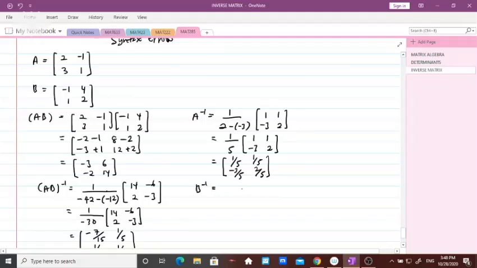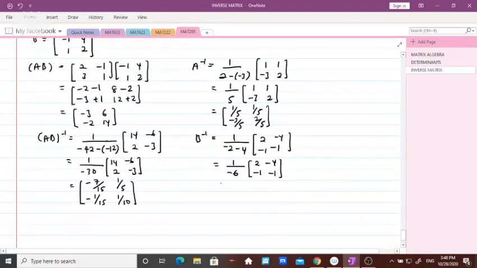Then for B inverse, 1 over (negative 2 minus 4), 2, negative 1, negative 4, negative 1. So we have 1 over negative 6, and the answer is negative 1 over 3, 2 over 3, 1 over 6, 1 over 6.